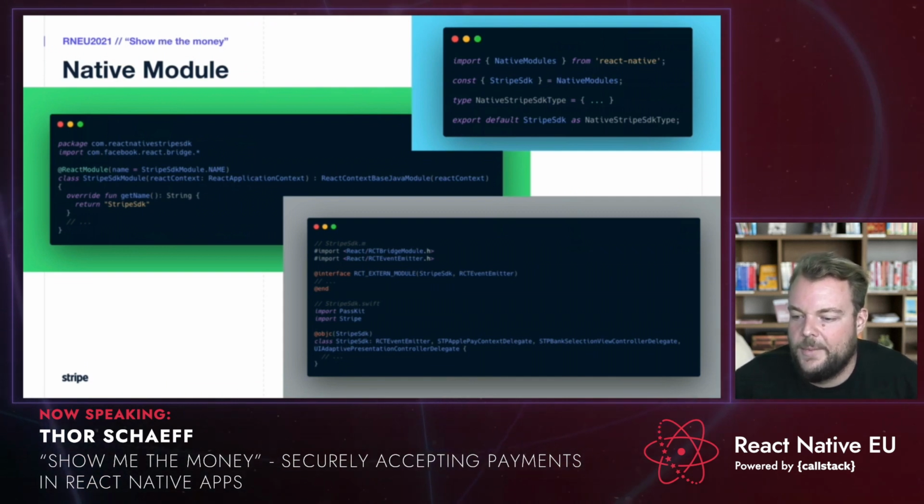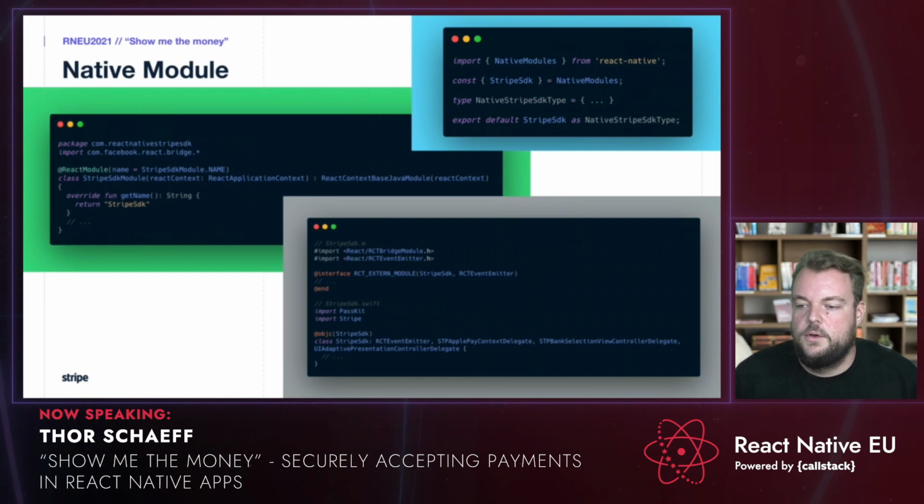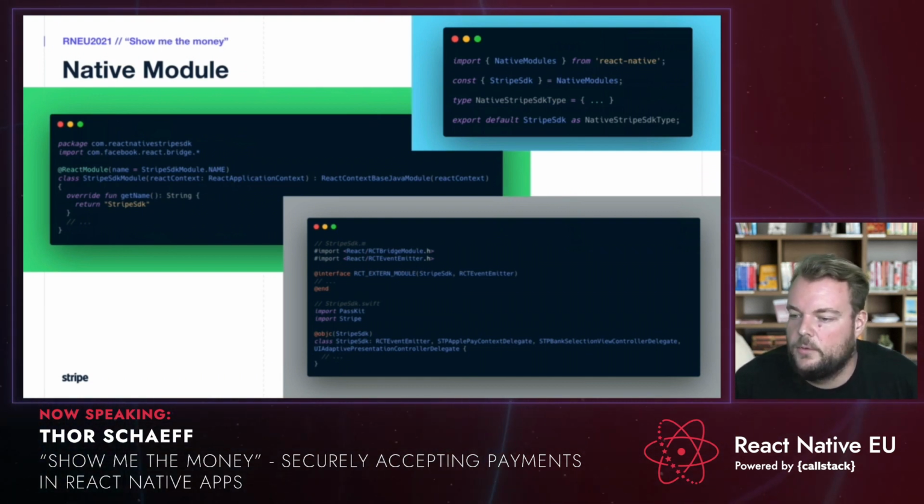And so we've implemented it in Swift. You can see here we have our Objective-C identifiers to make sure everything is exposed to the Objective-C runtime. And then we have our Stripe SDK.m, our implementation, which then exports the module, the Stripe SDK module.